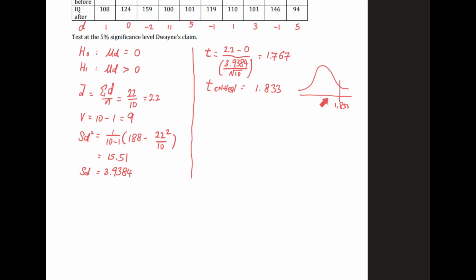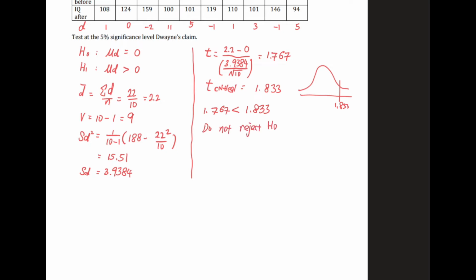That means we do not reject H0. Okay, so we just write down first. 1.767 is smaller than 1.833, and because of that, do not reject H0.